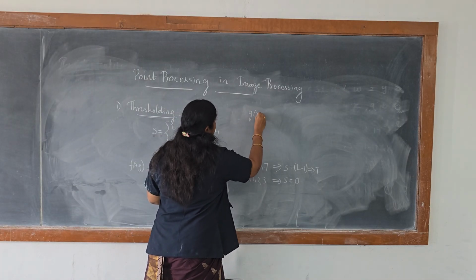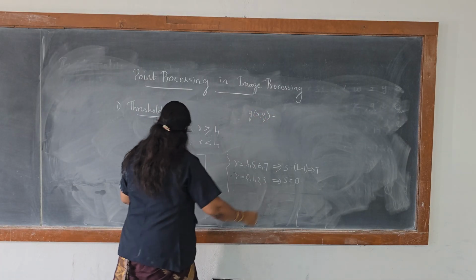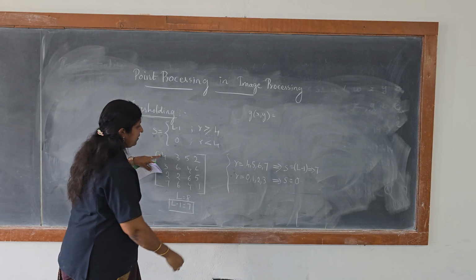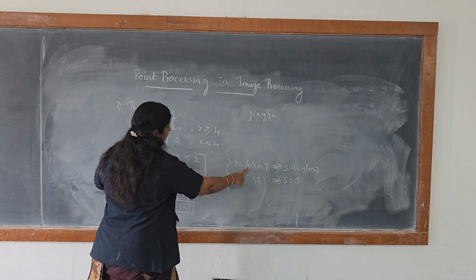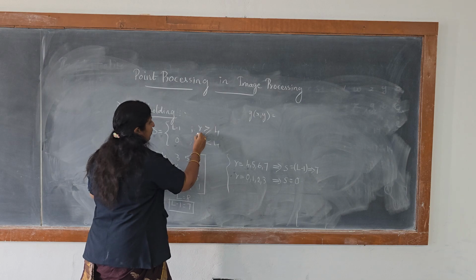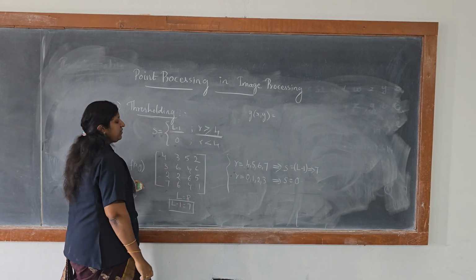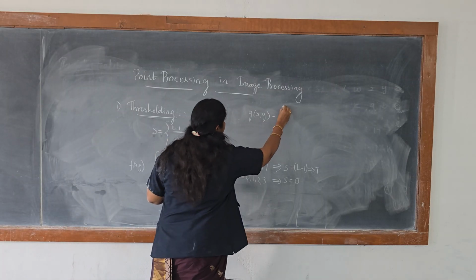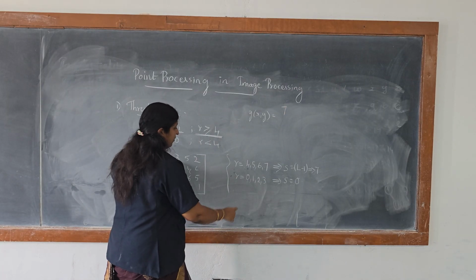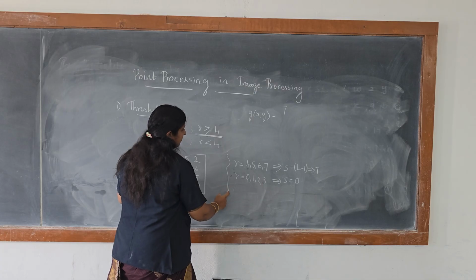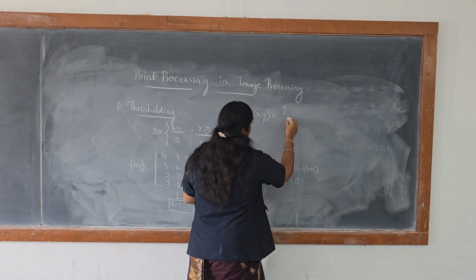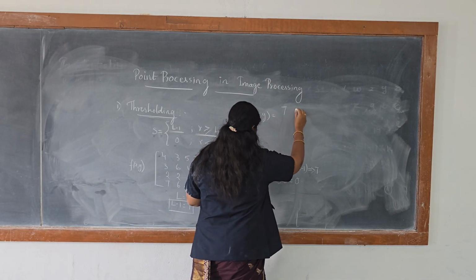So g of x comma y here is: 4 satisfies the greater than or equal to condition, so the value is 4 minus 1, which is 7. Then 3 is less than 4, so this value will become 0.